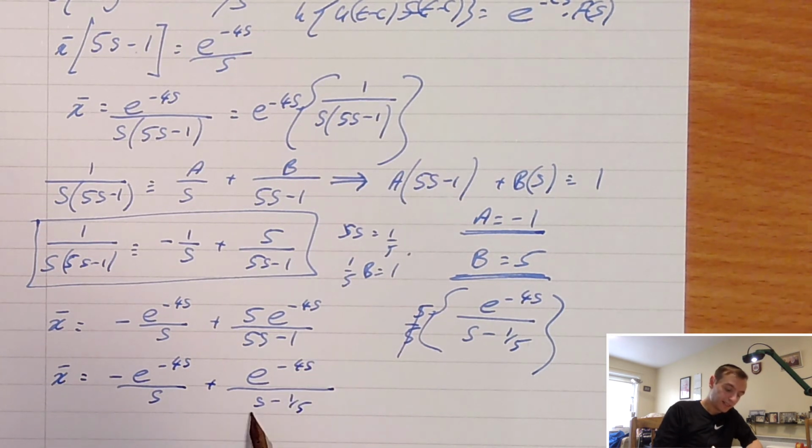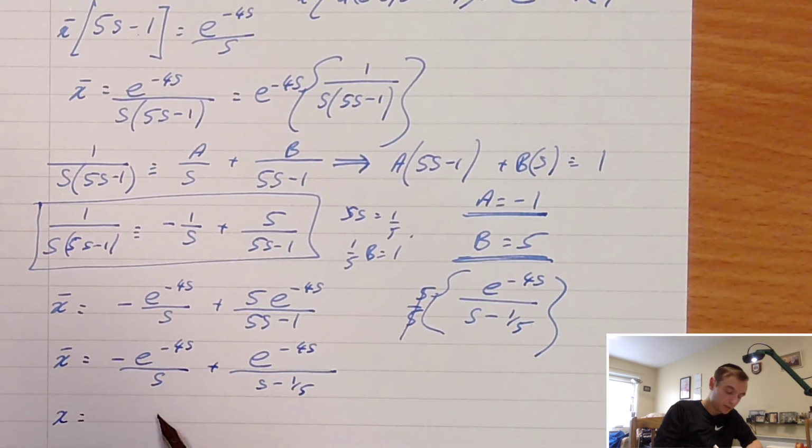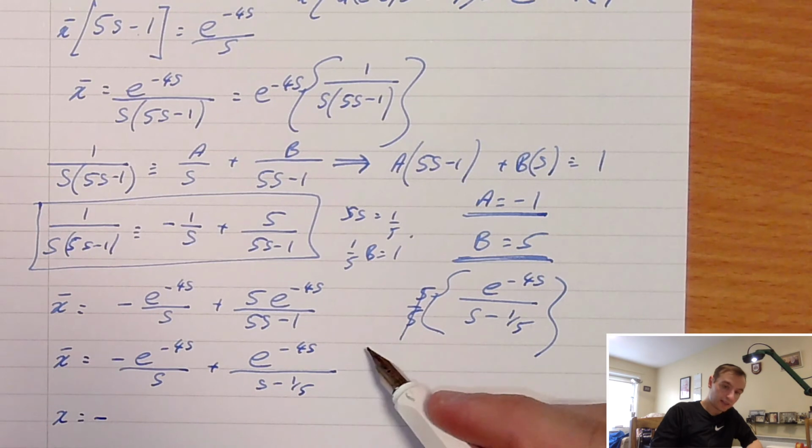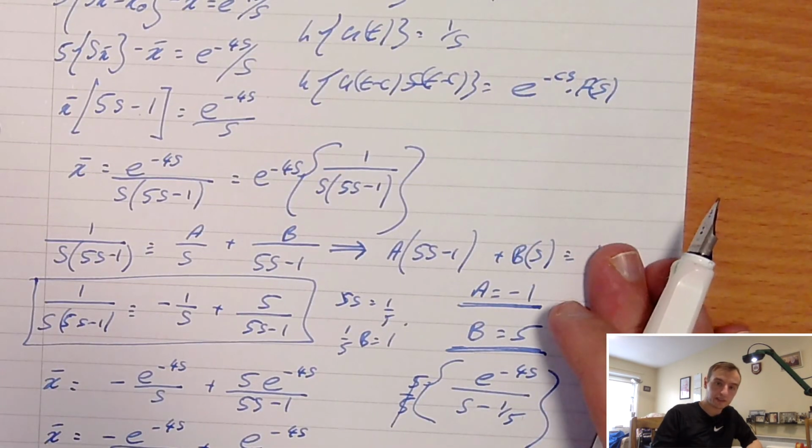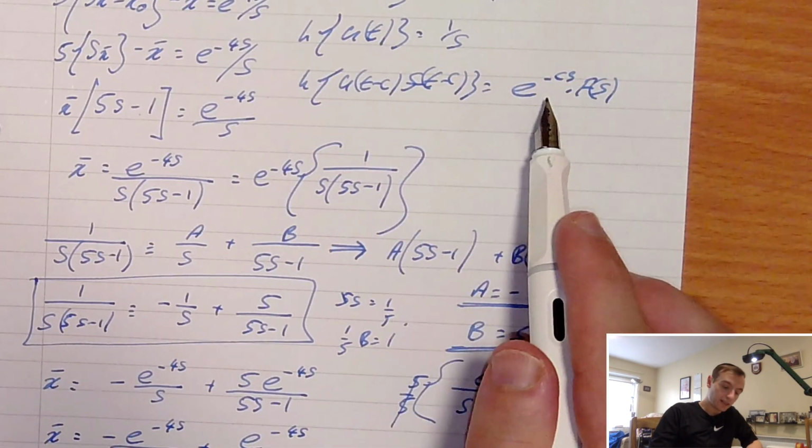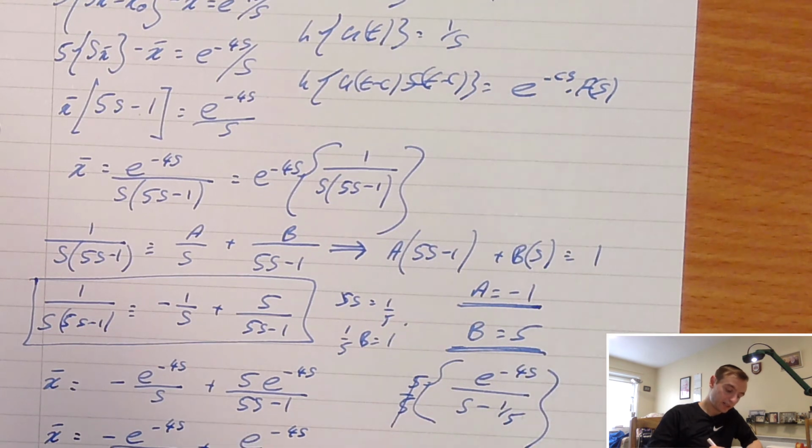And then we can now take the inverse transform and say that x equals the inverse transform of this plus the inverse transform of this, which is going to be minus. Now again, using the second shift theorem, which we have over here, e to the minus cs, e to the minus 4s, so the shift is going to be 4.